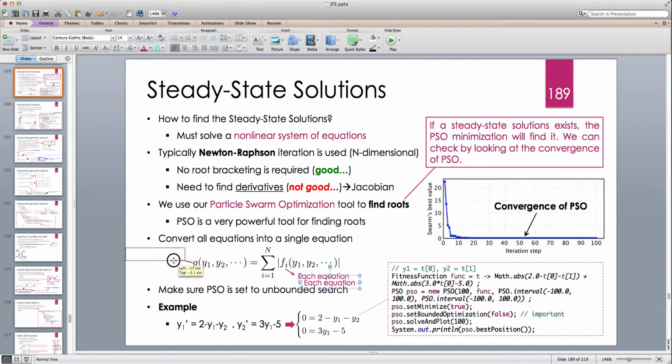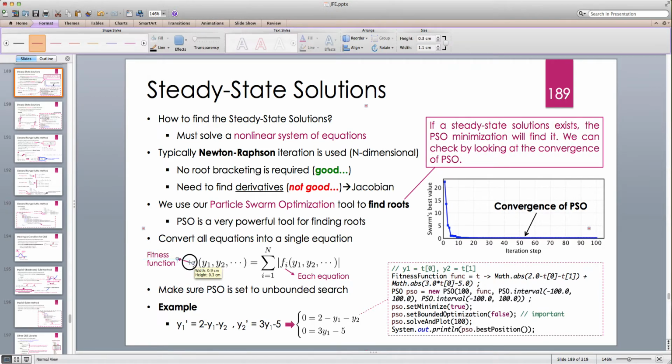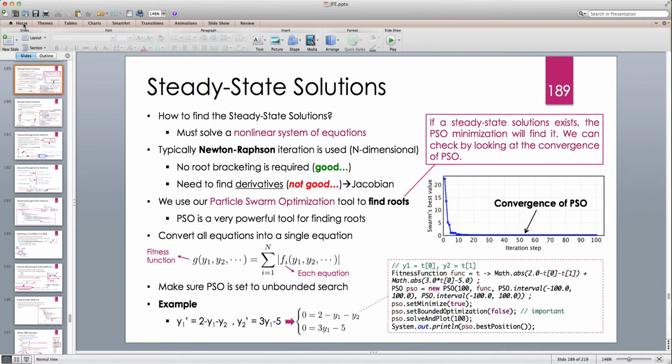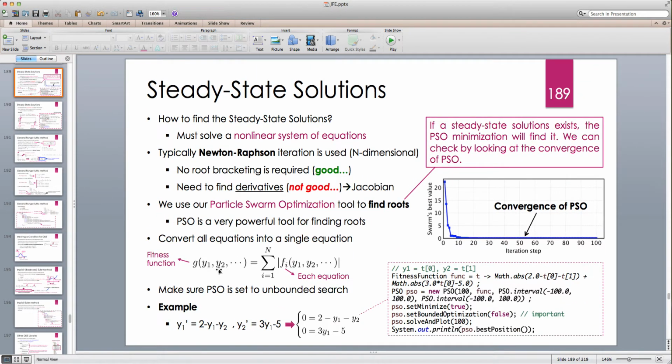It becomes 0 if and only if y1, y2, all the way to yn are the solutions of the nonlinear system of equations that we need to solve.